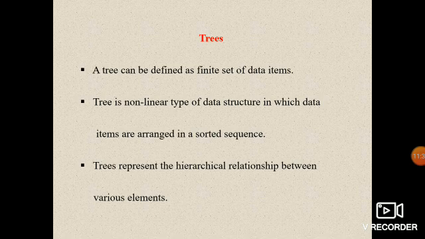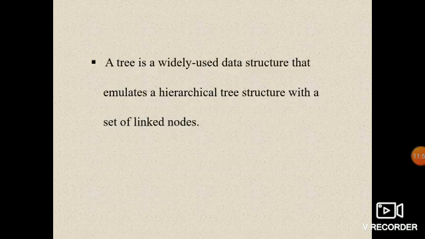Yes, it makes a relationship between various elements. A tree is nothing but a set of data items, so a tree falls under the non-linear data structures. It is represented as a hierarchical relationship between various elements. So that is called a tree.